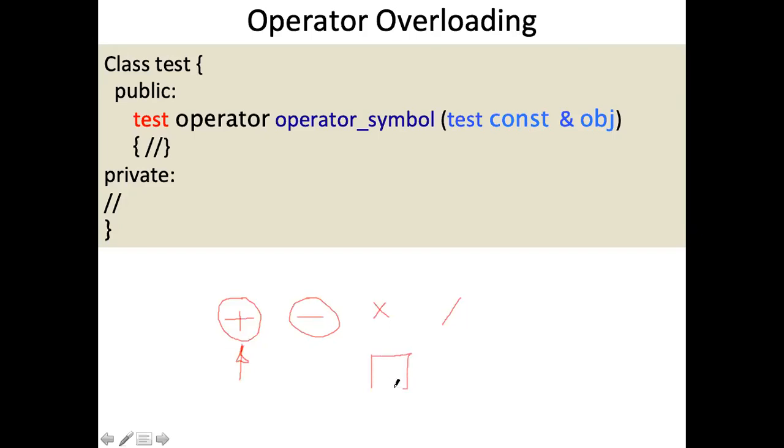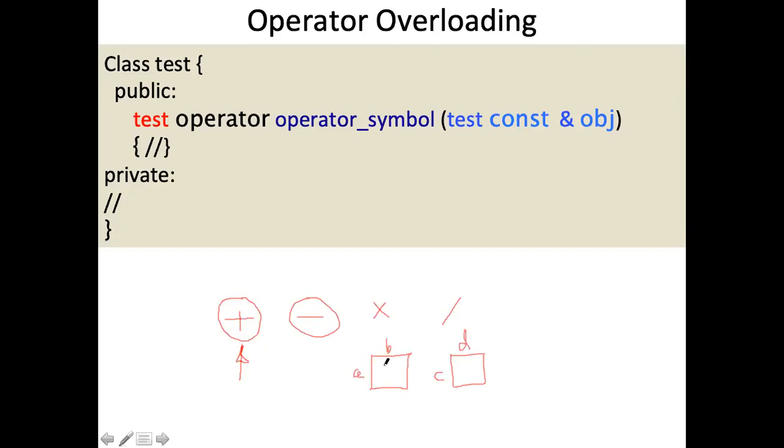So for example, I have got a box here, and this dimension is a, and this dimension is b. I've got another box here, its dimension is c and this dimension is d.